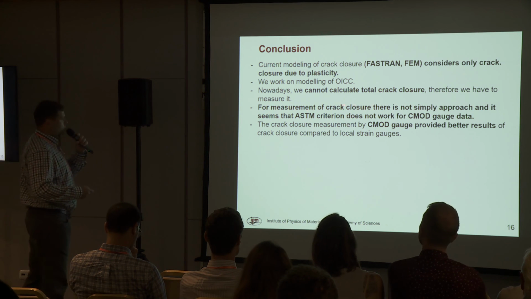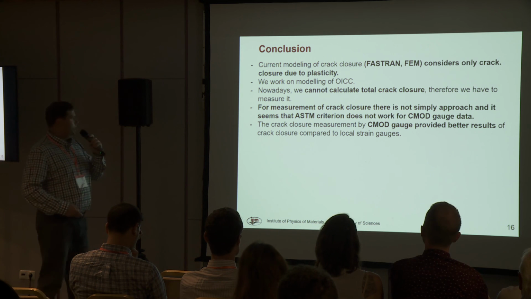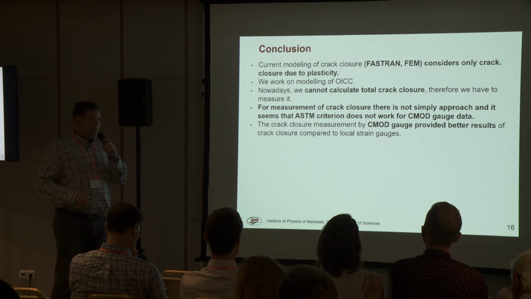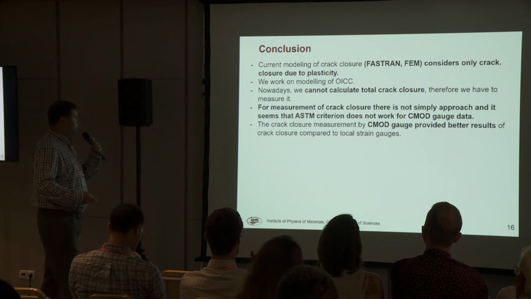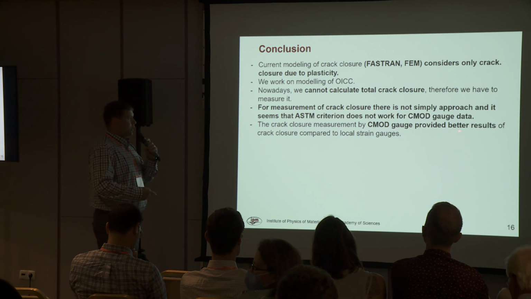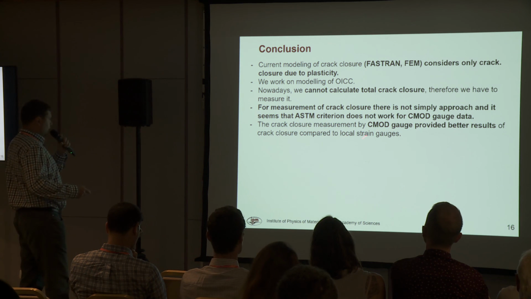For measurement of crack closure, there is no simple approach, and it seems that the ASTM criterion does not work when we use the crack mouth opening displacement gauge data. The crack closure measurement by the CMOD gauge provided better results compared to local strain gauges.